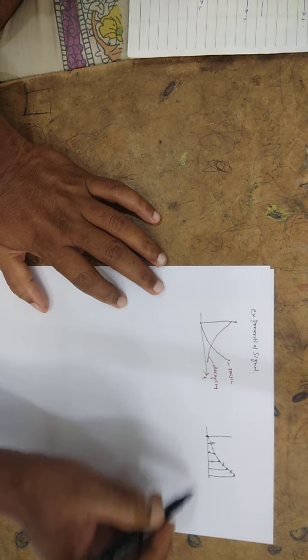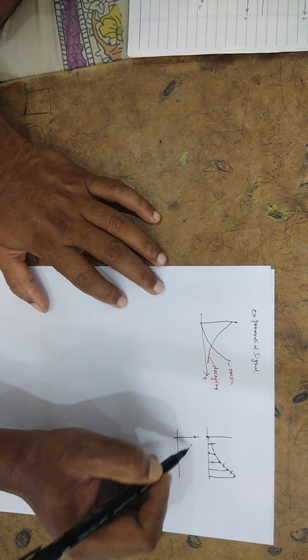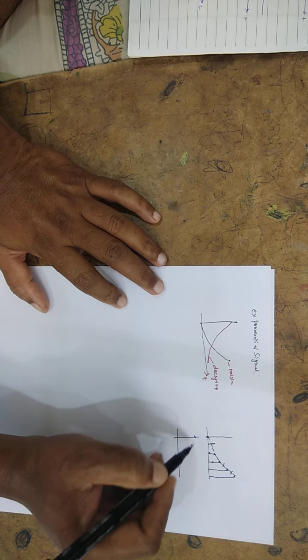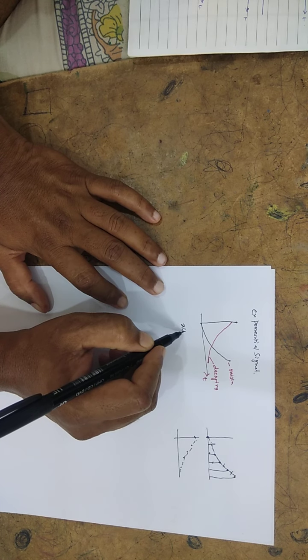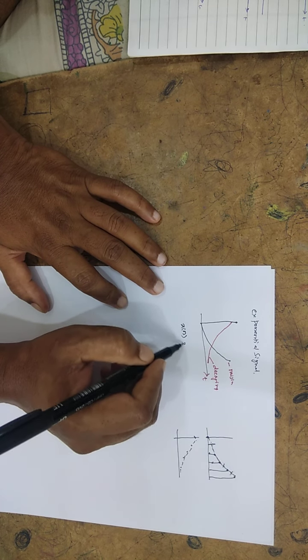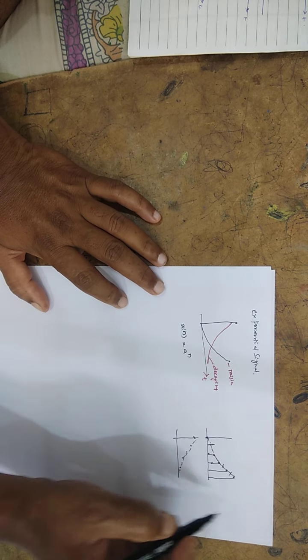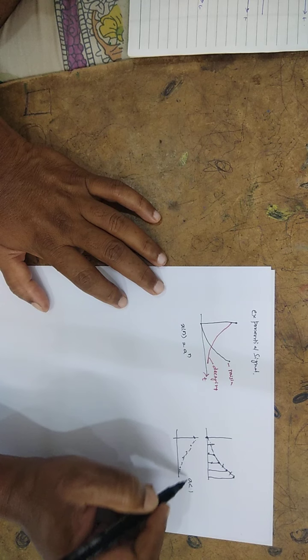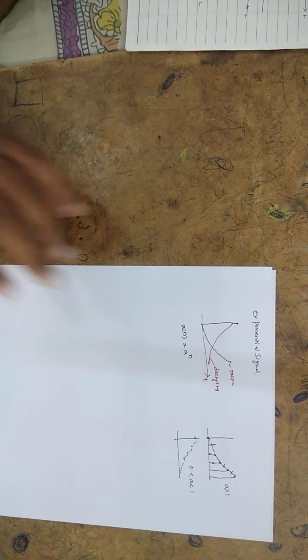Or it may be in the other way. For the decaying one, this will be something like this. If you join, you will get something like this, and its x of n is given by a to the power of n. In the exponentially decaying case, a is between 0 and 1, and here a is greater than 1.